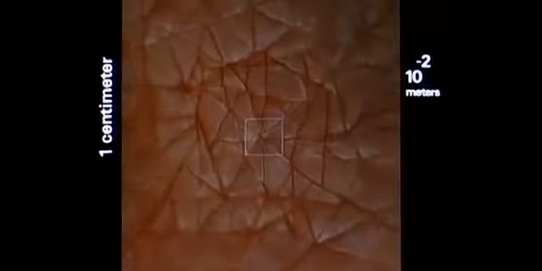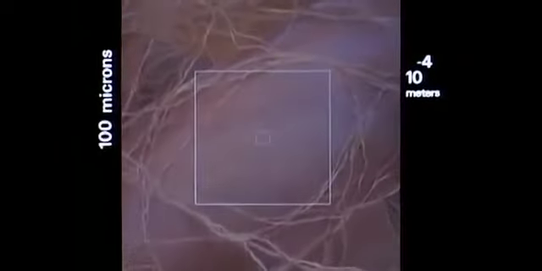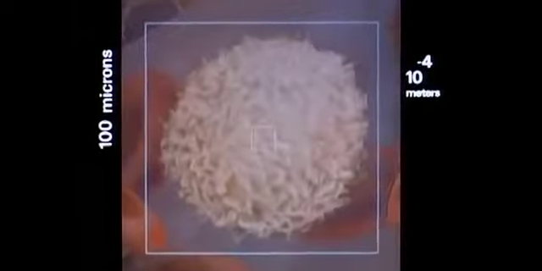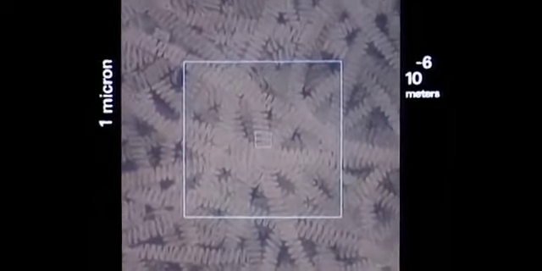Microscope allows us to continue our journey into the realm of the very small. As we move into the cell nucleus, each new ring now reveals a world 10 times smaller in diameter than the last. Deep within the nucleus, we come upon truly remarkable constructions, long spiraling molecules of DNA.